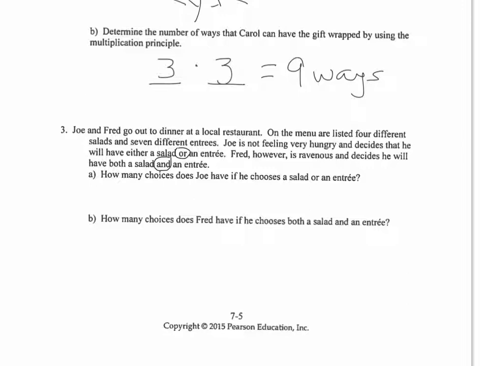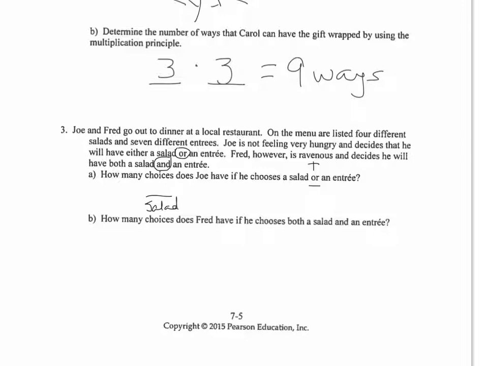Now, let's figure out how many choices does Joe have if he chooses a salad or an entree. What did we say needs to happen when we see the word or? Do we multiply or do we add? Or tells me to add. So Joe is going to have how many choices for salad?